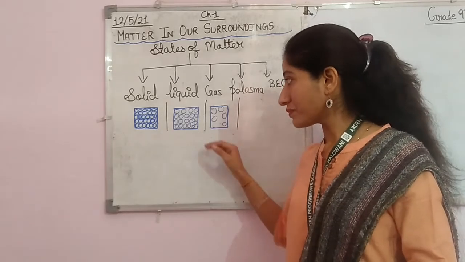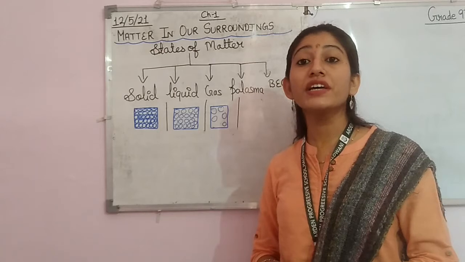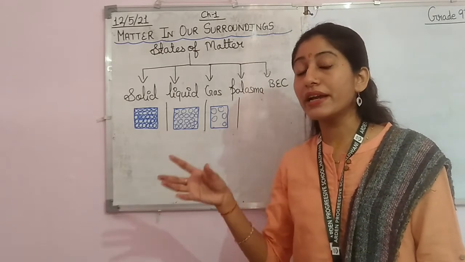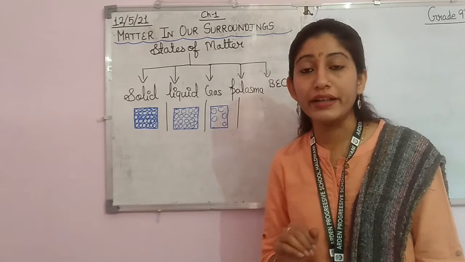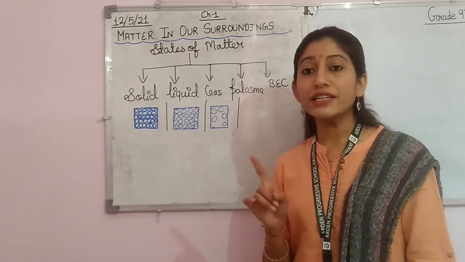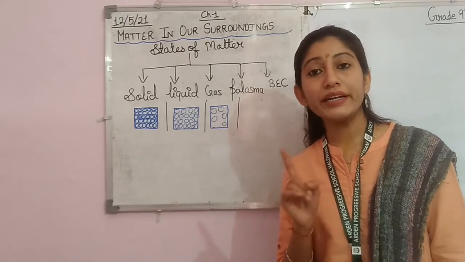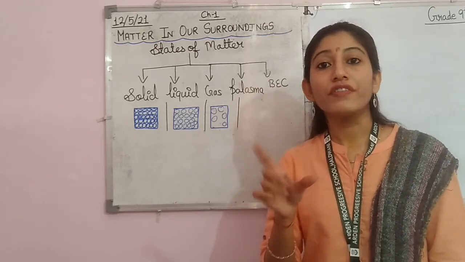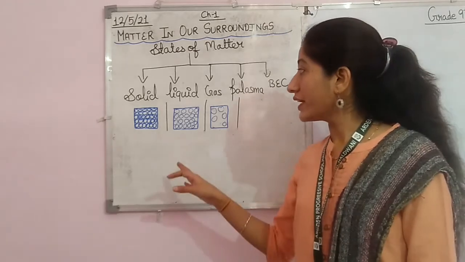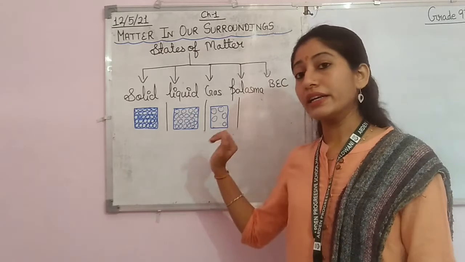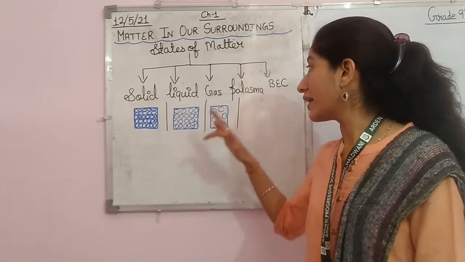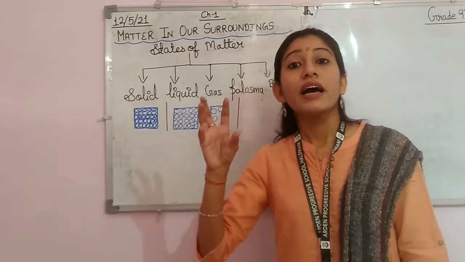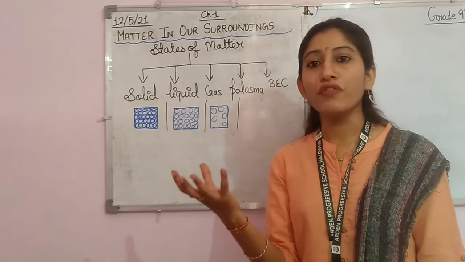Now, in terms of kinetic energy, you know kinetic energy depends upon the motion of the particles, and when we studied the particle nature of matter, we came to know that in matter particles always move. There is movement of particles in liquid and in gas, but in a solid the particles vibrate because movement is not possible.